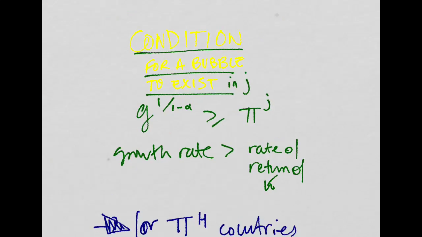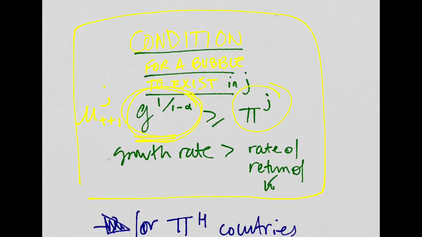Now imagine for a minute that bubbles start happening. The condition for these bubbles is that the return of the bubbles is going to depend on the growth rate of the economy, on the world economy. If this growth rate is sufficiently high, if the world economy is booming, then these bubbles are going to be able to appear.